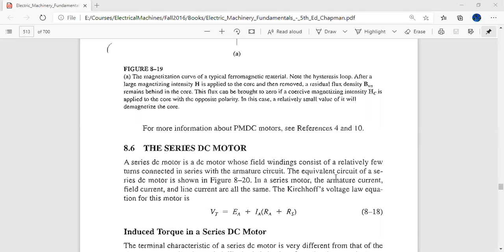Okay, in the separately excited motor, we had a completely different circuit for the field, so the armature current was not affecting the field, and the armature current can also be thought of as the current which is drawn by the motor to drive the mechanical load.